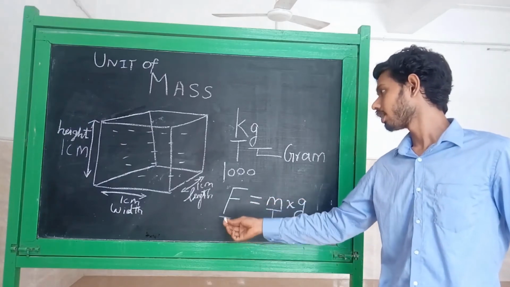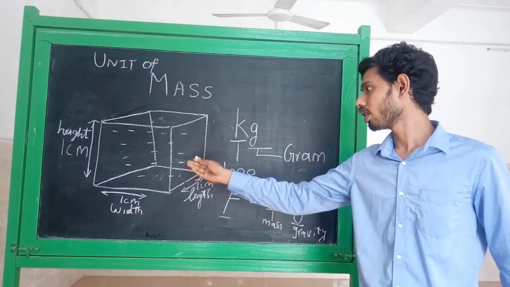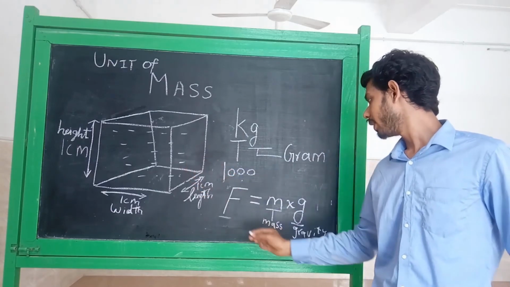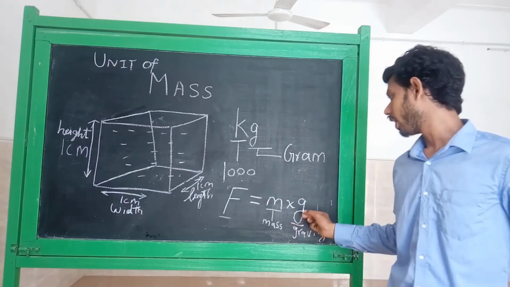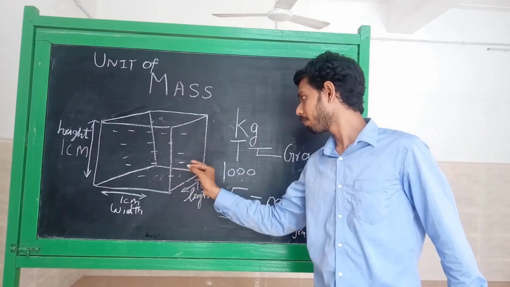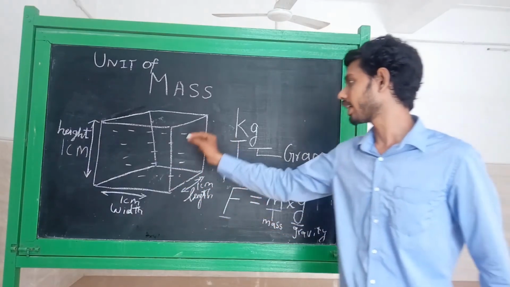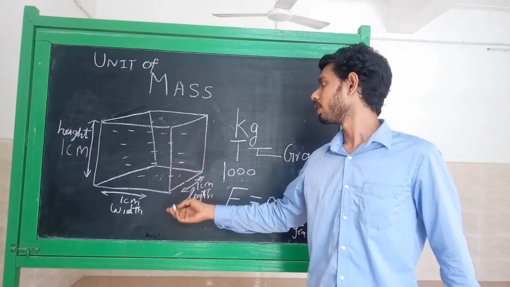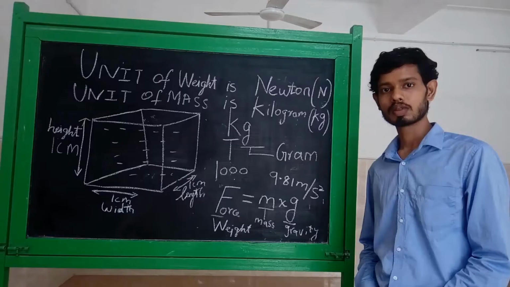This means that the amount of force acting on this small cup of water will be the product of mass, which means the amount of particles inside this cup, and the gravitational force acting on this cup due to the gravitational pull of Earth.